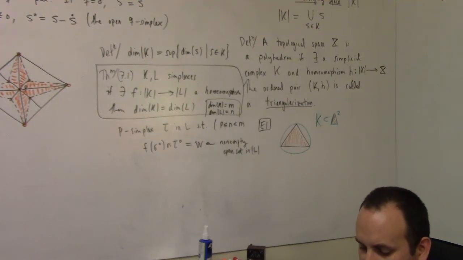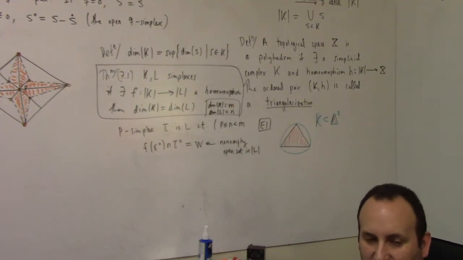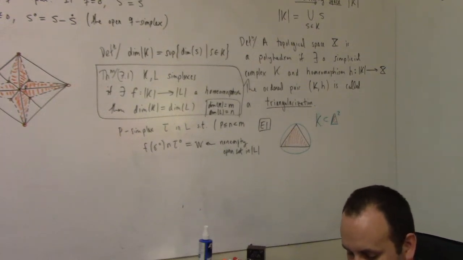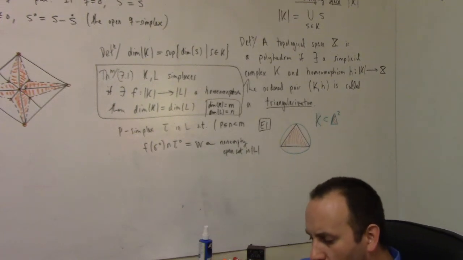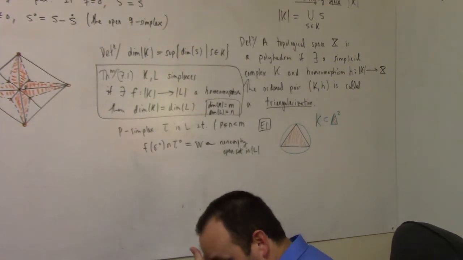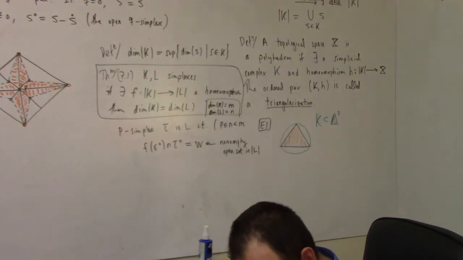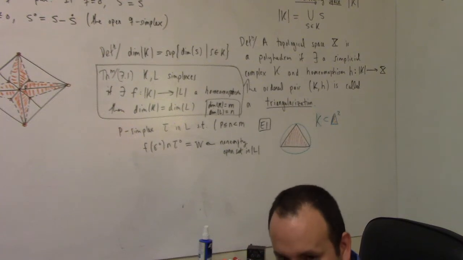So difficult to show something that's so intuitively clear, right? Of course, if you have simplicial complexes which are homeomorphic, they should have the same dimension. But it's actually kind of fussy, isn't it? I wonder if there's a different way you could do it, more based on the definitions.